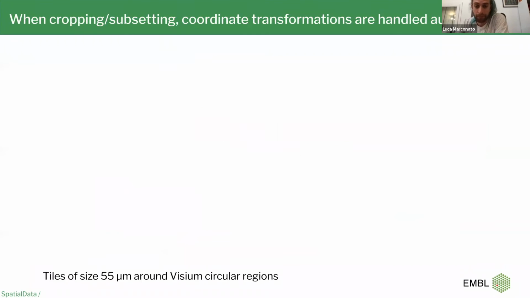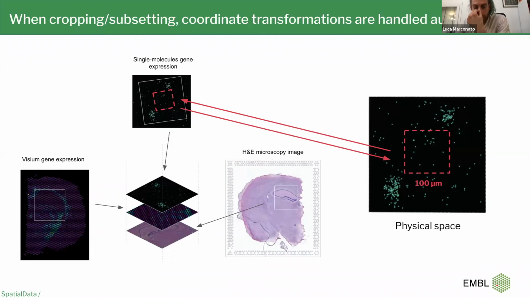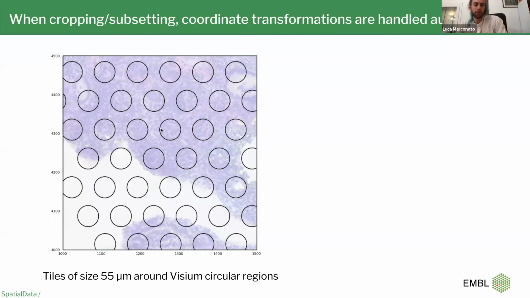And this is very useful if you do deep learning, because if you have a Visium dataset, you may want to apply a ResNet, a convolutional neural network, for its image style around one spot. This kind of query is made possible by the library, because you can say, I want all the tiles of 55 micrometers around each Visium circular region.